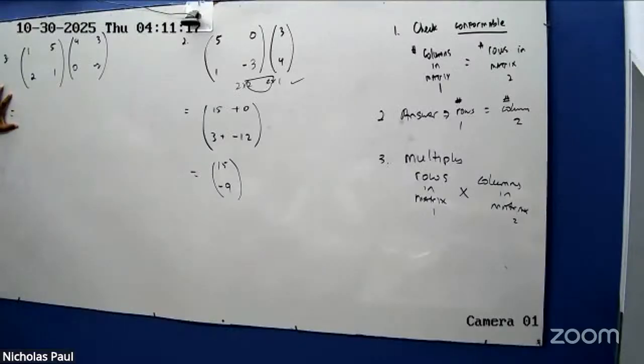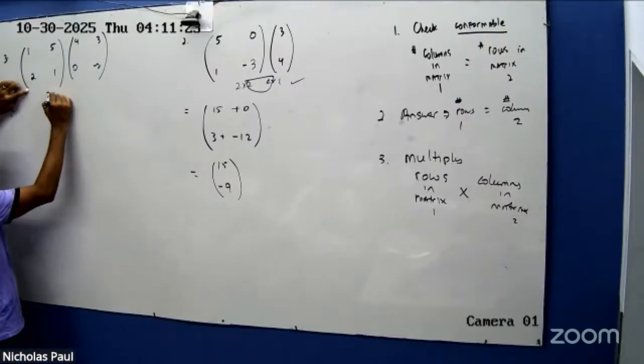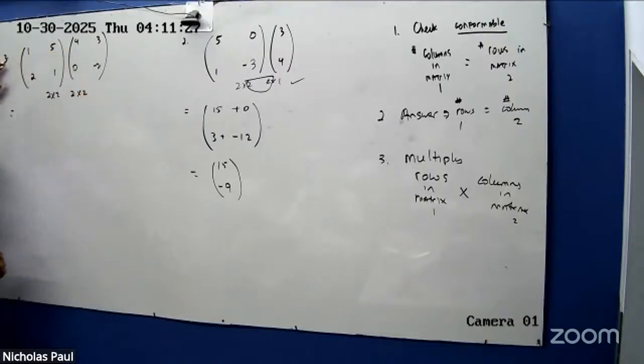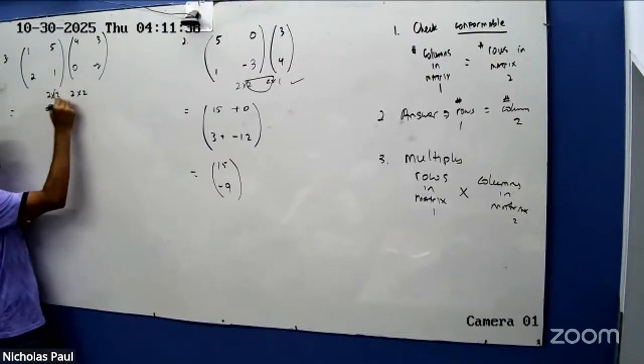Right, so watch this here. If you look here, what size matrix is this? This is a 2 by 2 matrix by a 2 by 2. Can we multiply it? Yes, they are the same.